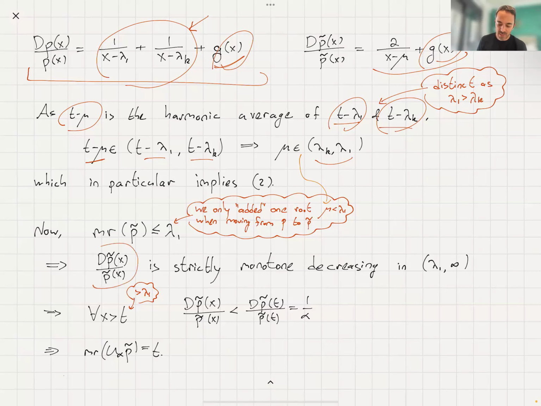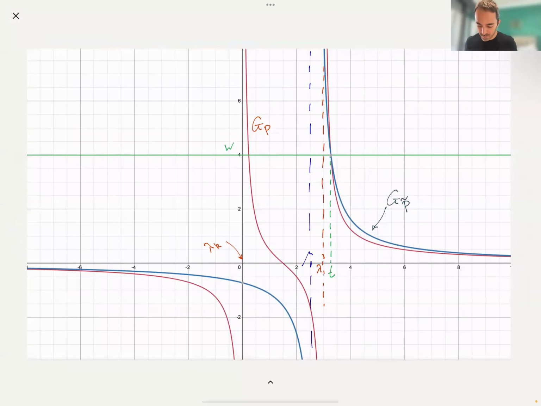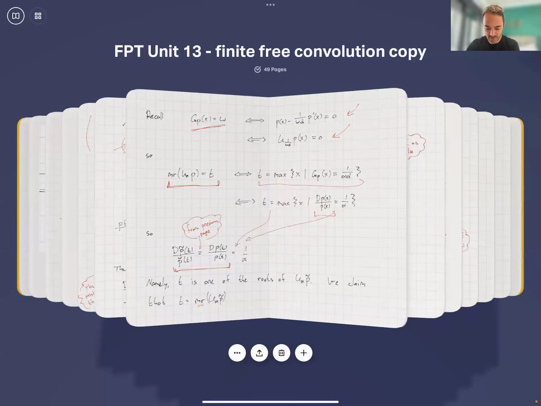And so this means that this function, the Cauchy transform essentially, is strictly monotone decreasing on lambda 1 to infinity. Maybe we should have a picture to better illustrate that. So I'm looking at g p tilde, the Cauchy transform of p tilde, normalized or not, it's not really interesting at this point because I care about whether it is strictly decreasing or not, and I care about the roots. Let me just be sure that I'm saying the right thing.